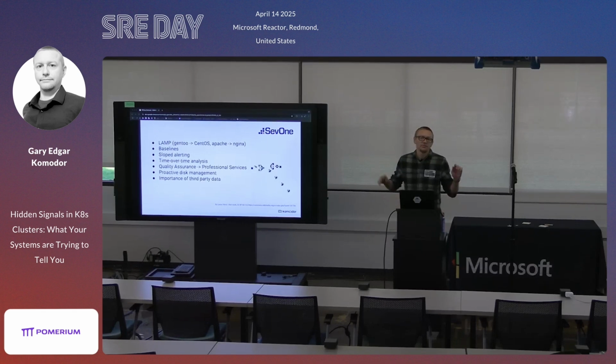Being able to incorporate third-party data, regardless of whatever tool you're using, normalize it, and get it all under the same single pane of glass is super important. It just cuts down on time to resolve things. You don't have to bounce between different applications. And that's a continuing theme.